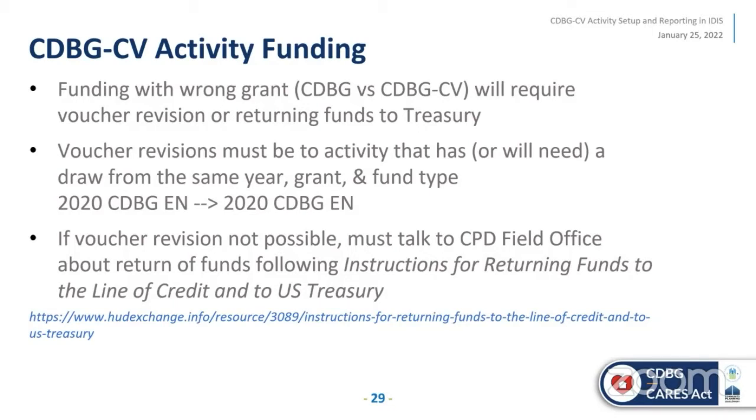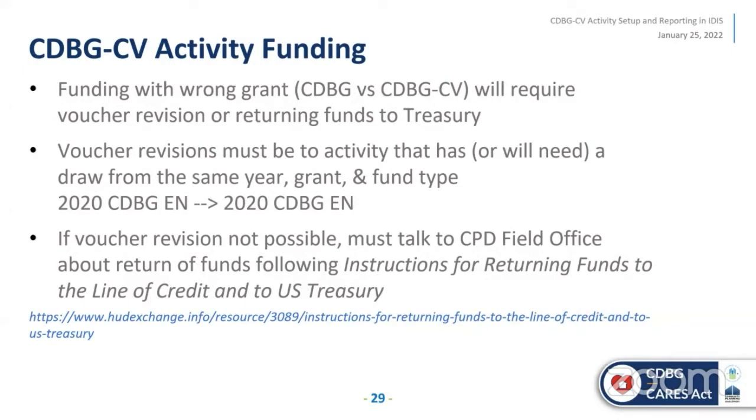So if you have 2018 CDBG and you wish it had come from 2020 CDBG-CV, that won't line up, or even 2020 regular CDBG and 2020 CV. They're separate accounts, and so they won't mix. You can't say that one really came from the other as a voucher revision. And so in those types of areas, it's not necessarily a swap, but you have to find something else that needs a draw, or needed a draw, of at least the amount that you're looking to revise.